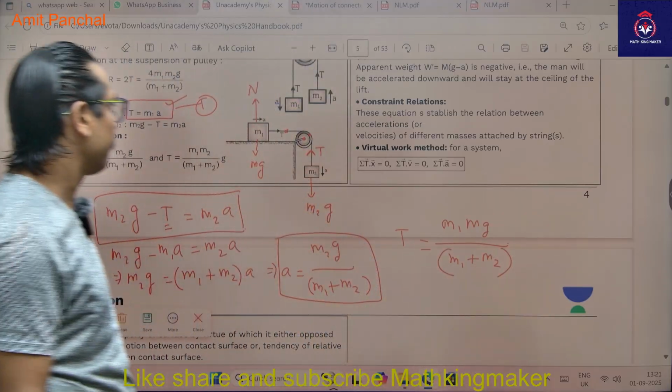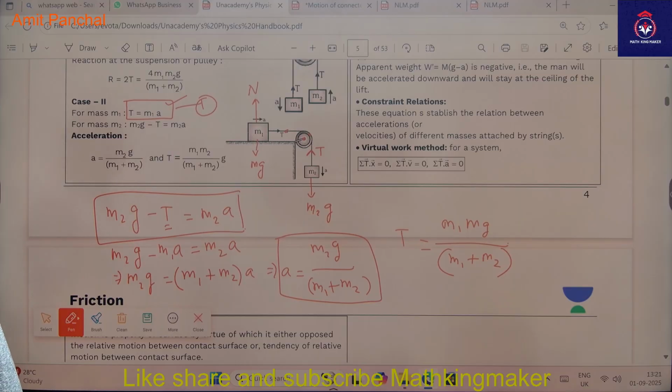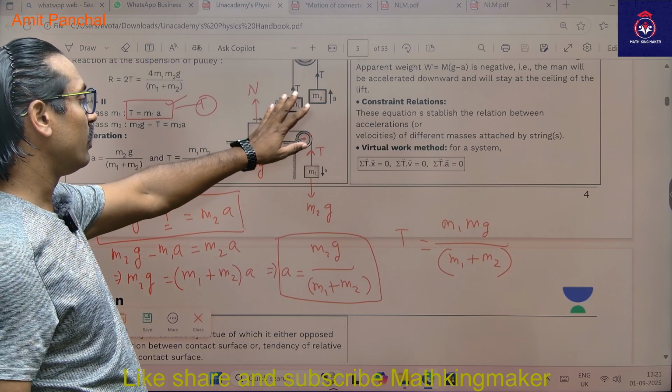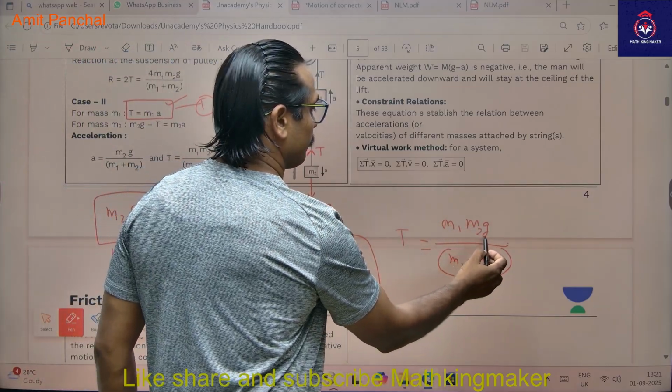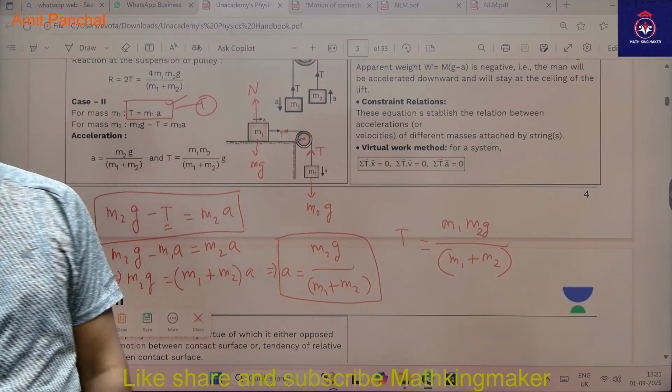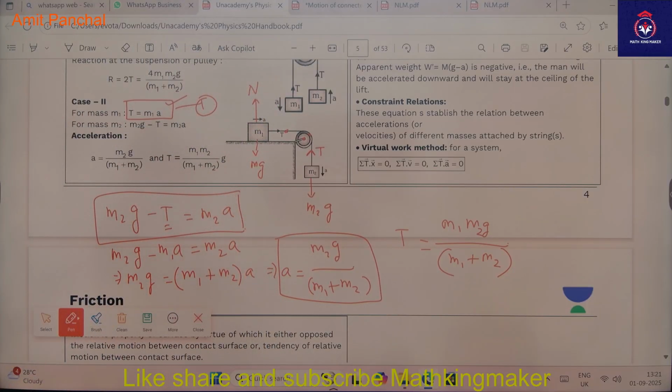In the previous concept, where both the masses were free to move, there was 2 M1 M2 G. But here it is only M1 M2 G by M1 plus M2. Got it?